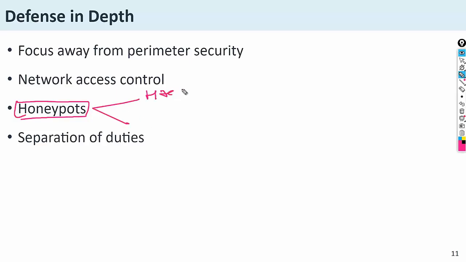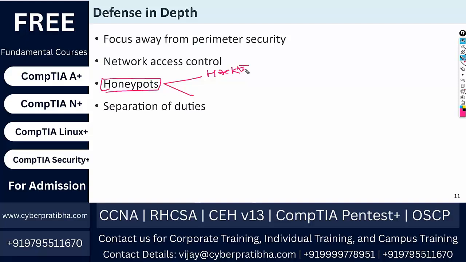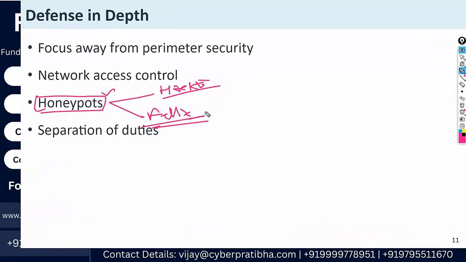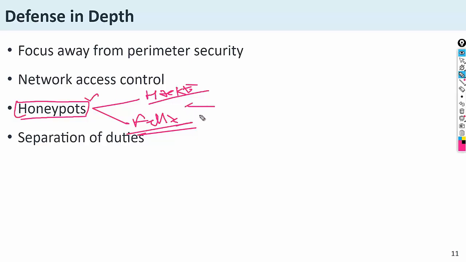If you want to monitor the hacker's activity, then honeypots can be used. The honeypot provides fake information to the hacker, so the hacker will start different types of attacks and use different exploits.